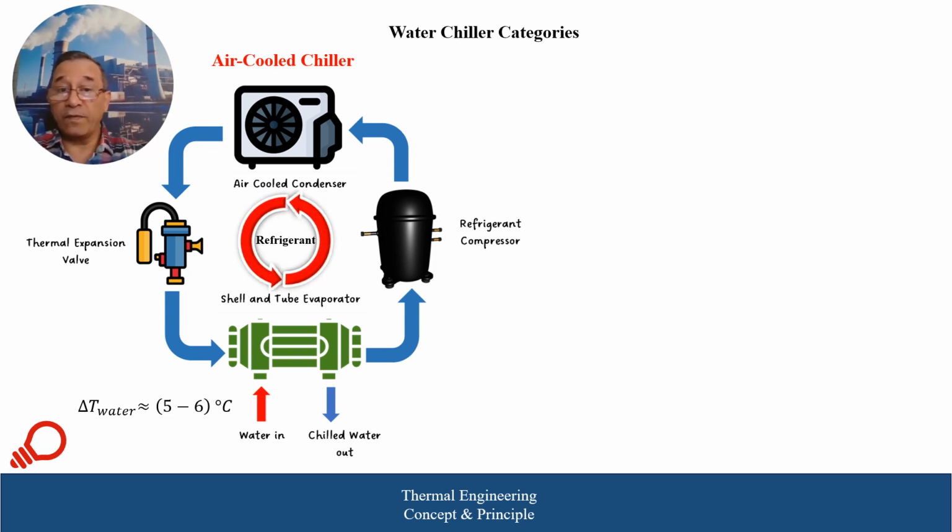It is composed of a shell and tube heat exchanger, air cooled condenser, compressor, and expansion valve. In this unit, the output is cold water with a delta T of water ranging between 5 to 6 degrees Celsius. Again, it is called an air cooled chiller because we are using air for the condensation unit, or the condensing unit.